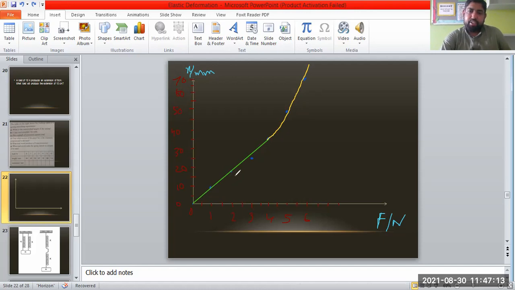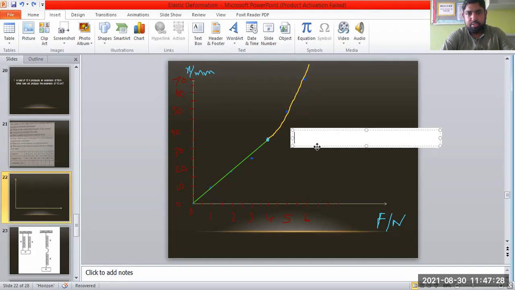That straight line translates that two quantities are proportional to each other till this point. So I will call it the limit of proportionality.